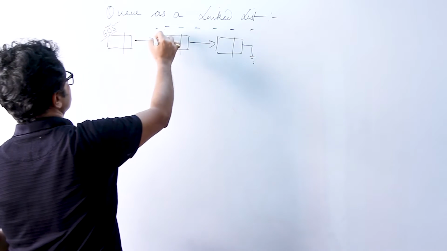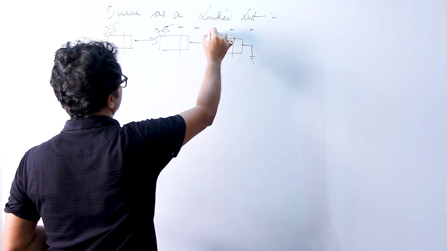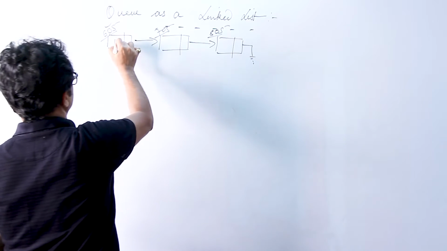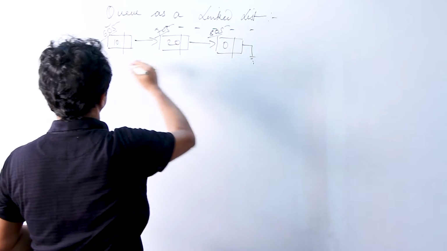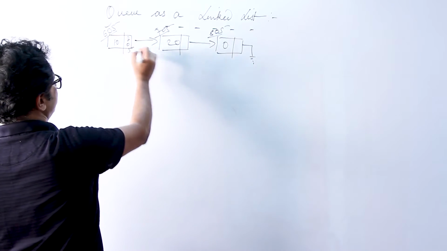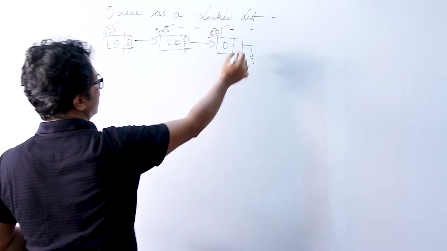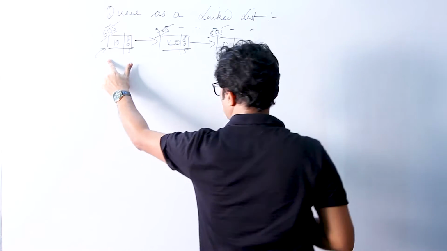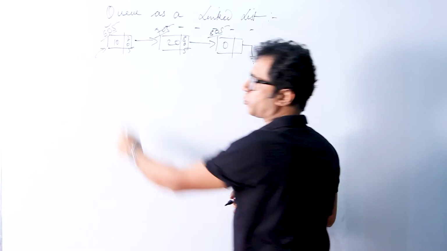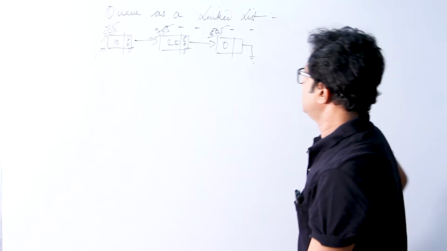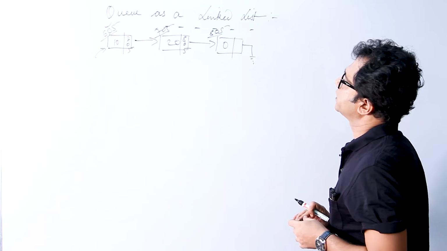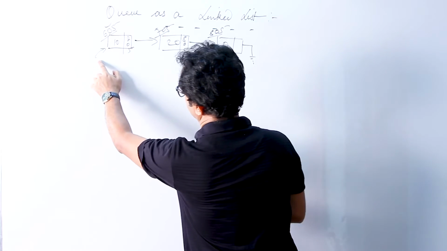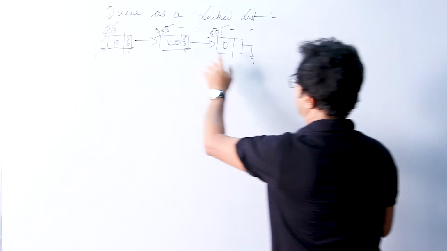Suppose this is address 605, 705, 805, data 10, 20, 30, 705, 805 and null. Normally this pointer is called the list pointer in the case of singly linked list representation, but in the Q as a linked list, we will take this to be the front and this to be the rear.